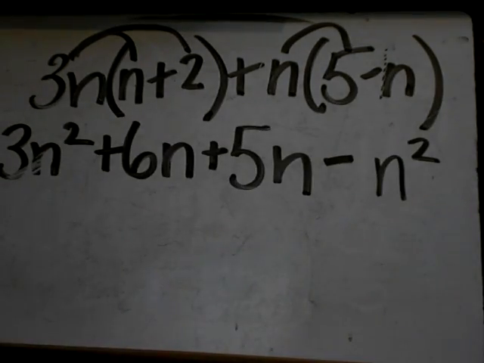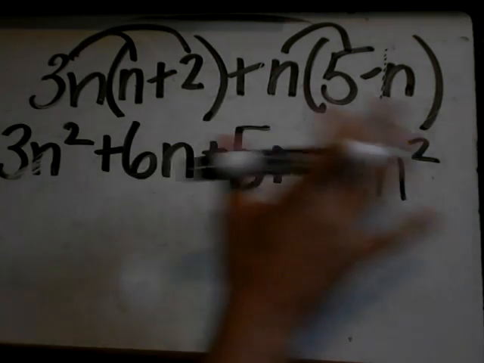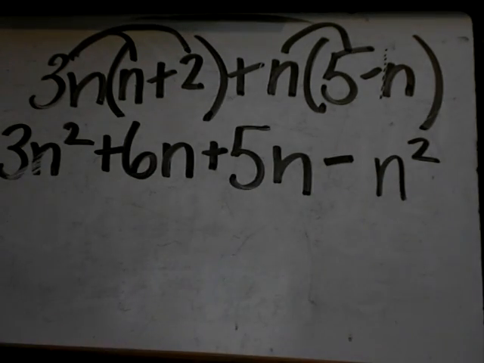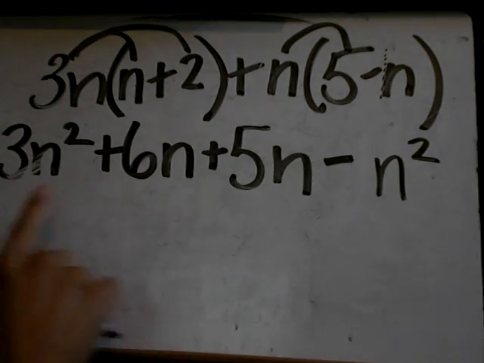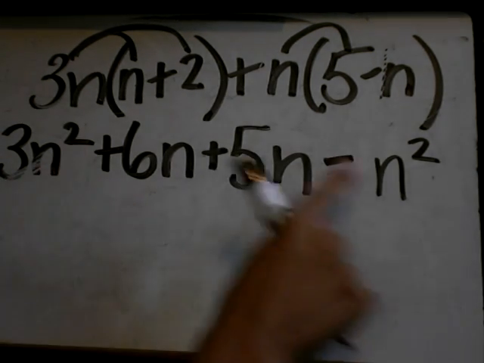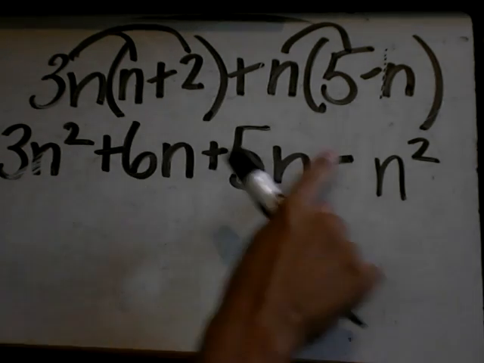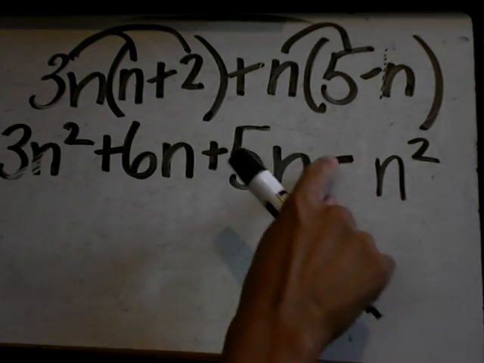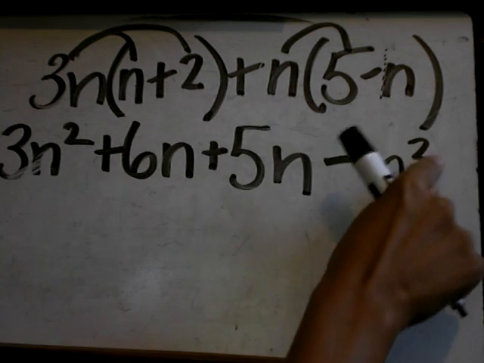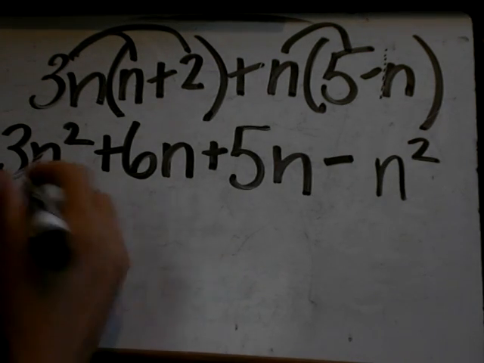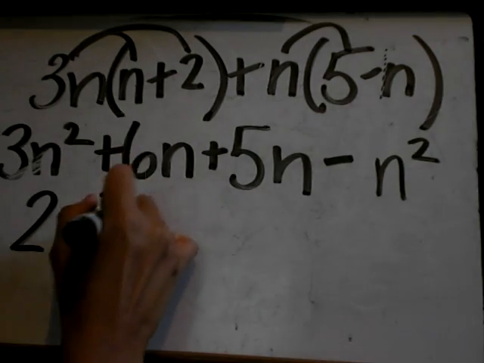Now, because we need to simplify, we have to combine like terms. Are there any terms that have the same last name? Let's go left to right. For n to the second power, we've got one over here, so 3 minus 1 n to the second power, that is 2n to the second.